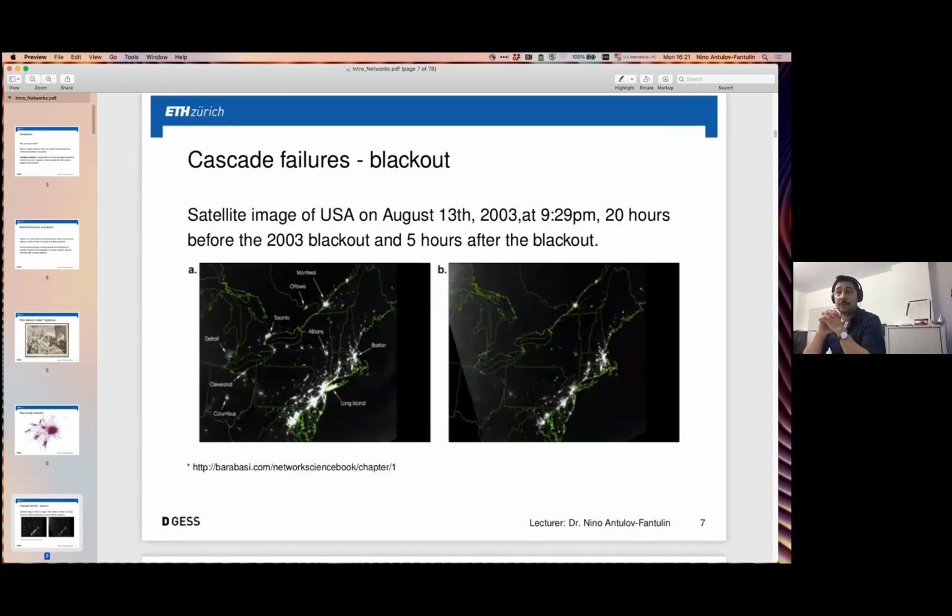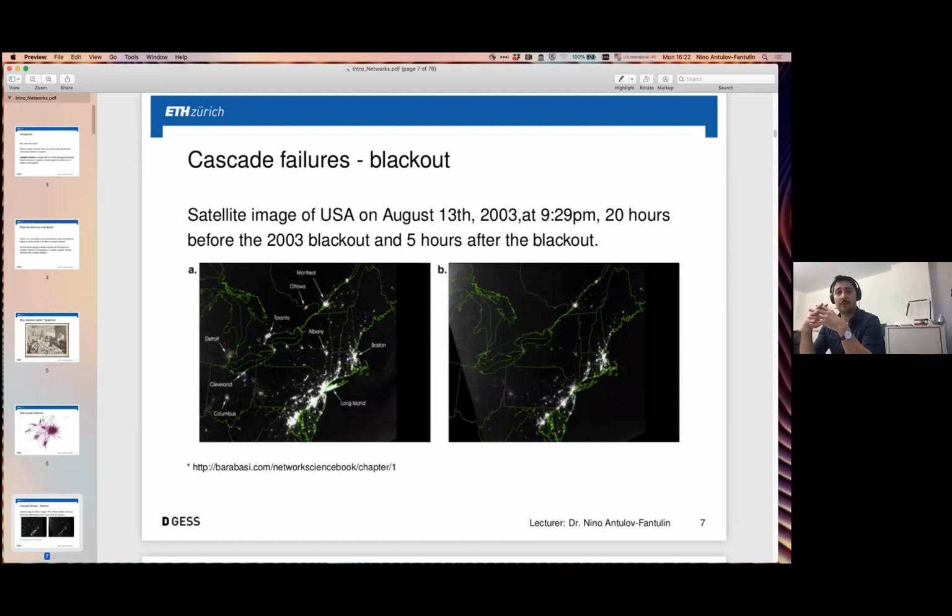Afterwards, when I have shown you some of the examples of the networks, I will also show you where networks matter. Here is the satellite image of the USA on August 13, 2003, before and after the famous blackouts. What you can see is that certain parts of the country during the night are in the dark.